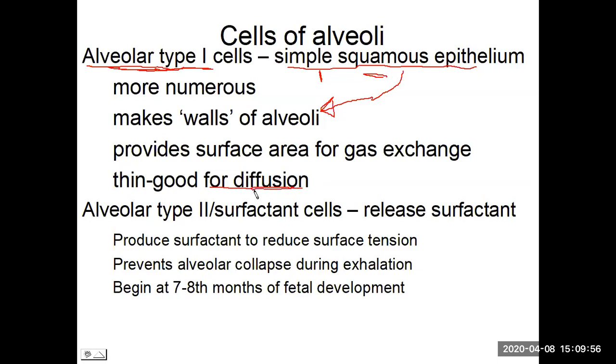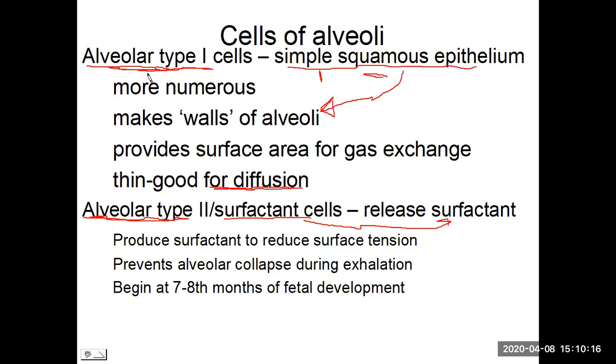So the gases, oxygen, carbon dioxide, pass right through the tissue. Whereas now a type 2 cell is rather important, also known as a surfactant cell. So thus, this is a cell that creates this chemical called surfactant.